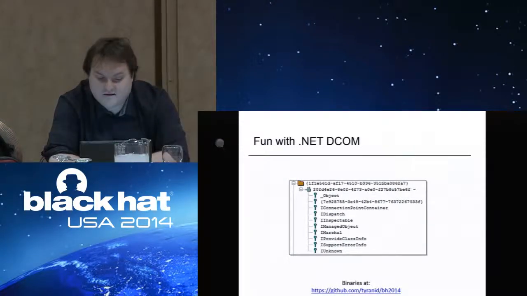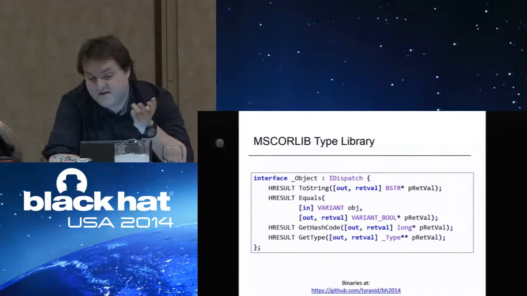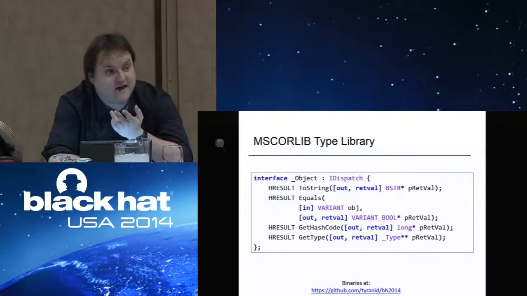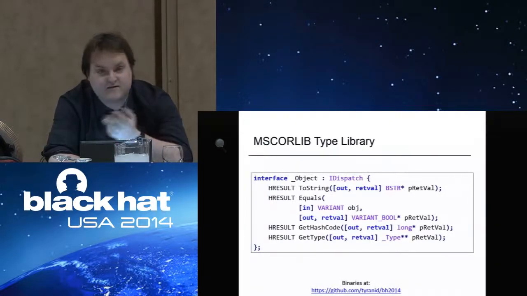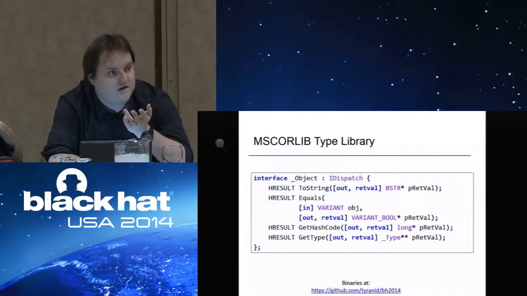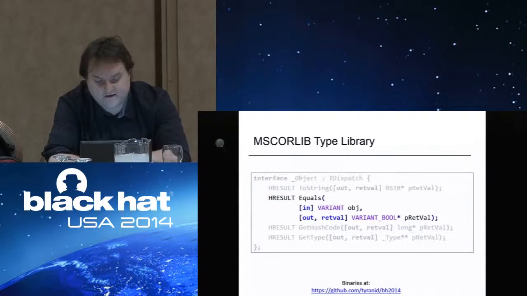And it turns out that there was a very interesting interface on there, the _Object interface, which looks something like this. If you have ever done any C# programming, or probably even Java programming, you may recognize this as the basic implementation of the object class, the root of the whole inheritance hierarchy. So it has the usual ToString, Equals, all that sort of stuff.